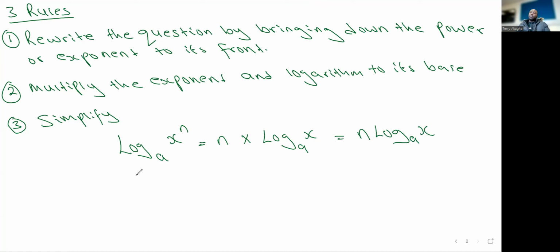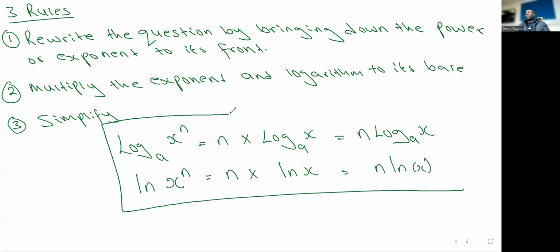The same thing if you have ln x to the power n, you bring down the n, it's going to become n multiplied by ln x, and that will give you n ln x. And this is the law for this. All right? So let's pick some examples now.